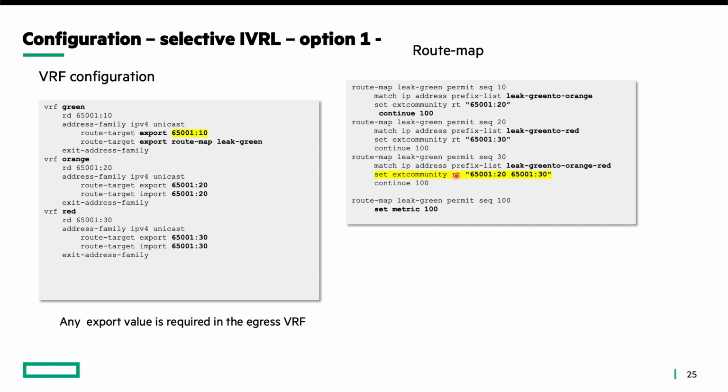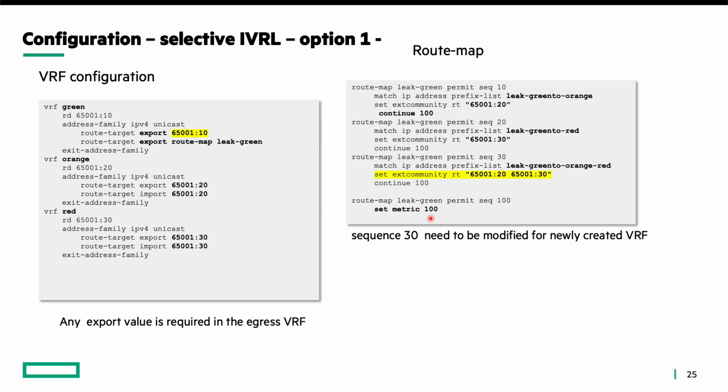So we will set both communities using this command with a space in between. For the prefix that we want to leak only to the orange, it will be this specific VRF, which matches the import here. And this going to red, so the 30 matches the import for the VRF red. In this example, we can use the continue command because the last sequence is a set metric.